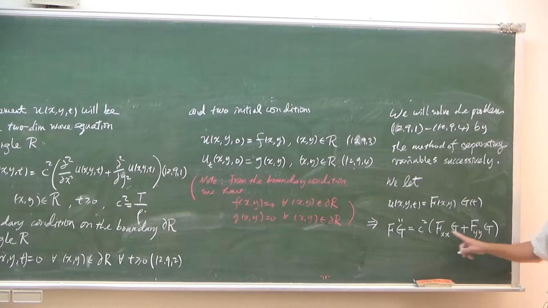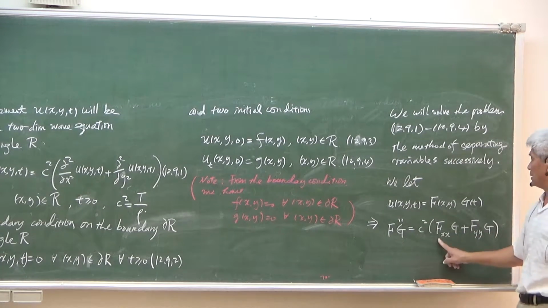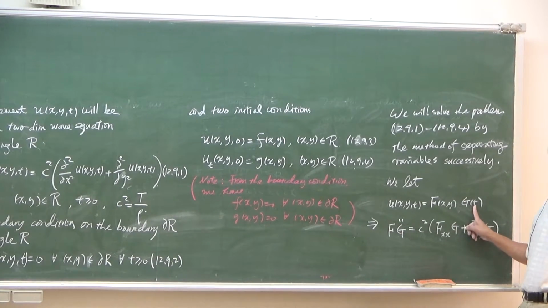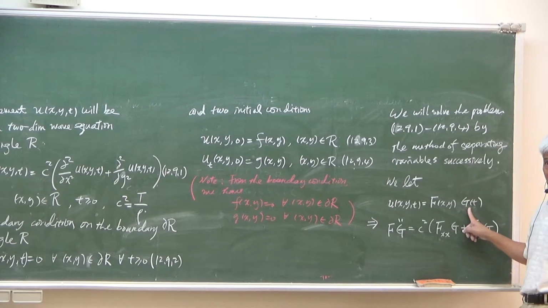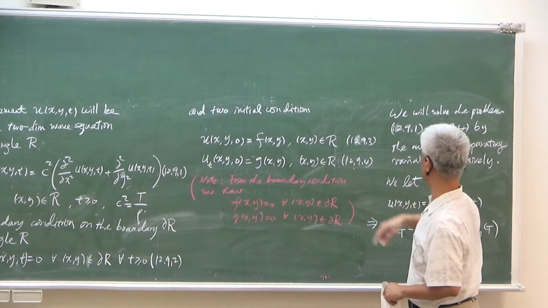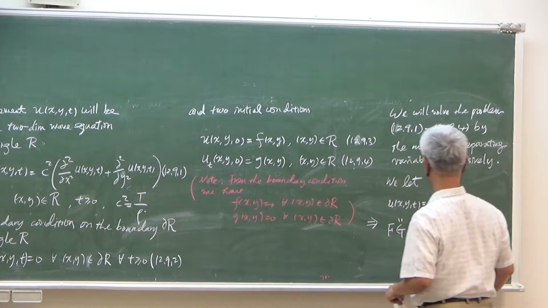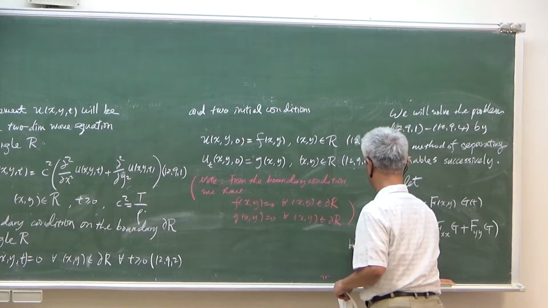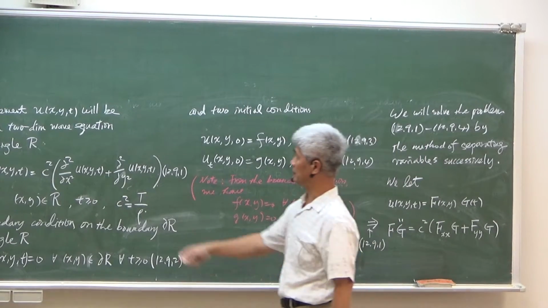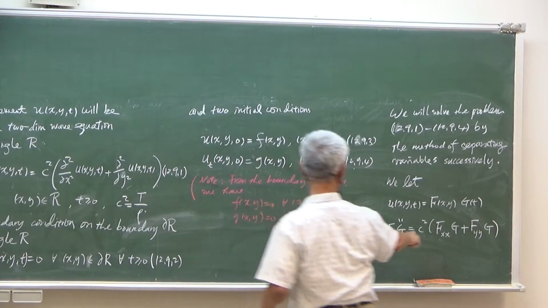They are partial derivatives, and G'' is an ordinary second derivative because you have only one independent variable for capital G. Now you apply 12.9.1, so by this equation you have that one.